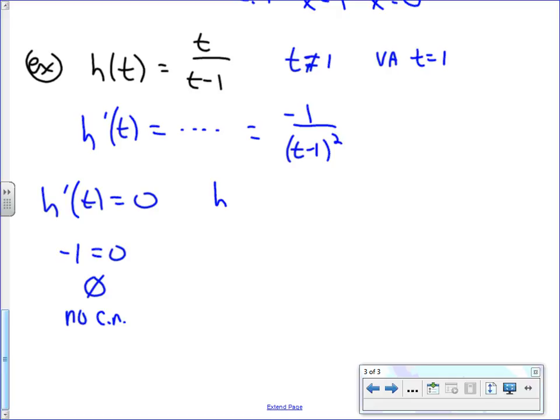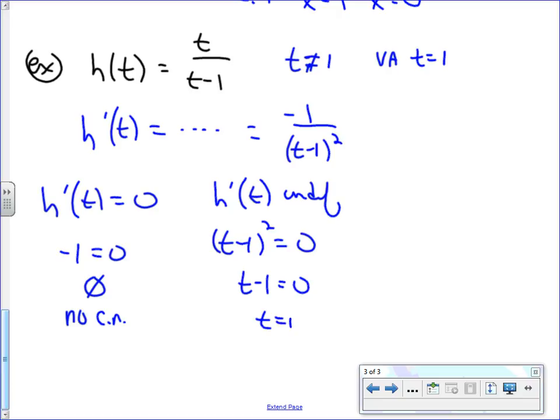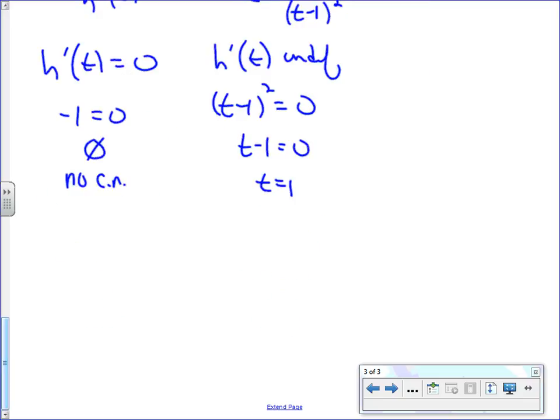And then we're going to look at whether the derivative is undefined. So we're going to take the denominator equal to 0. And we're going to get t equals 1. And again, just watching out, t equals 1 is not a critical number.